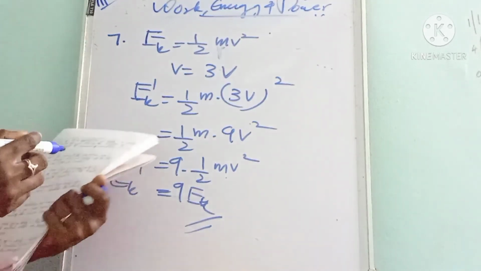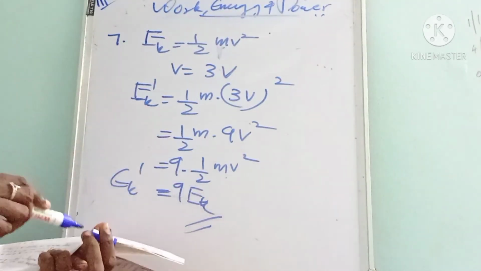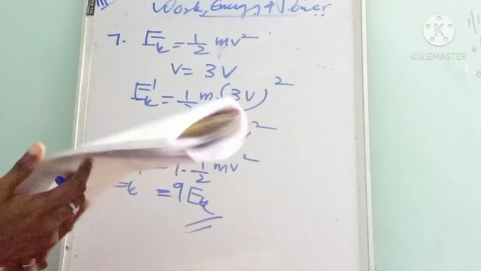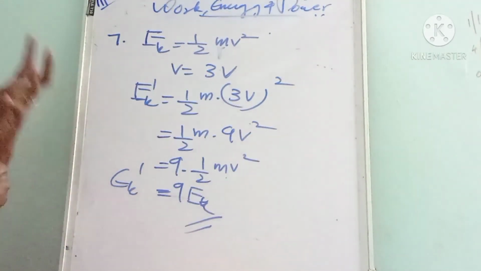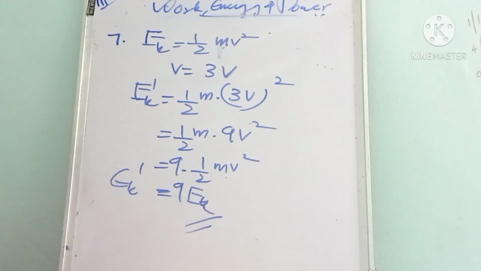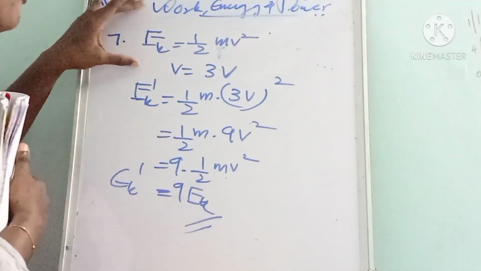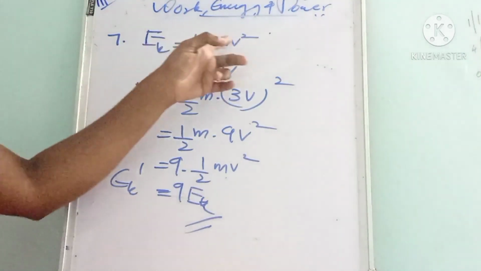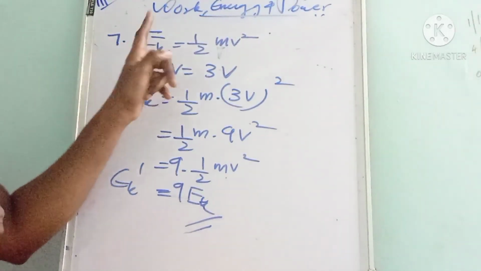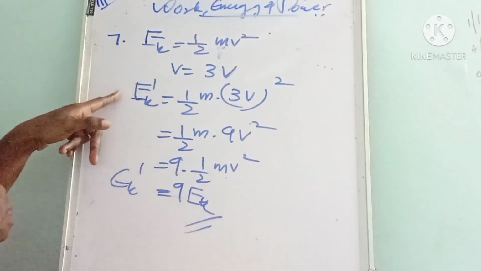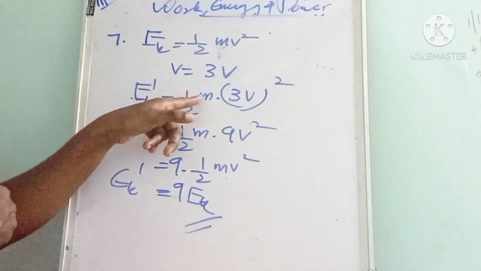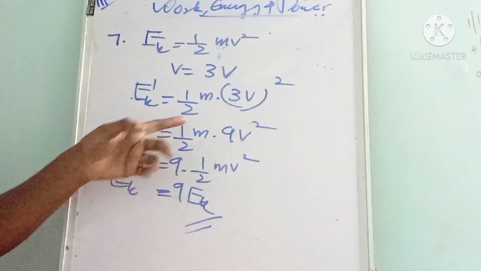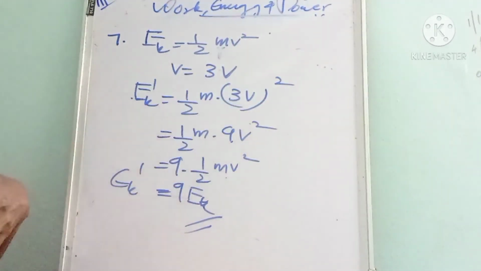Here the velocity of the body is tripled, keeping its mass constant, and we have to find the change in kinetic energy. First we write the equation for kinetic energy, Ek equal to half mv square. Next we triple the velocity, that is v becomes 3v. Then the new kinetic energy Ek dash is equal to half m into 3v the whole square, that is half m into 9v square.